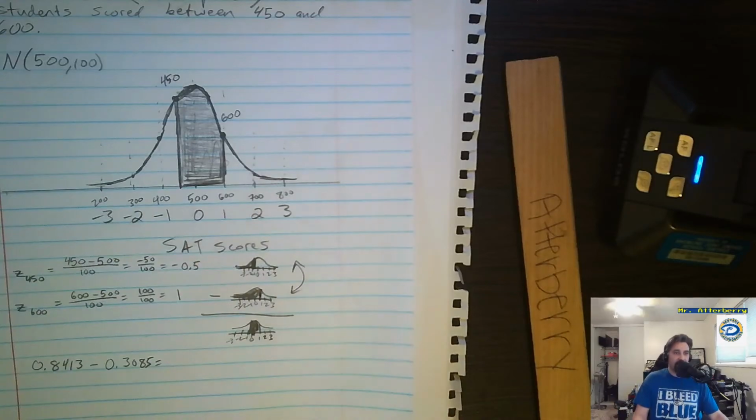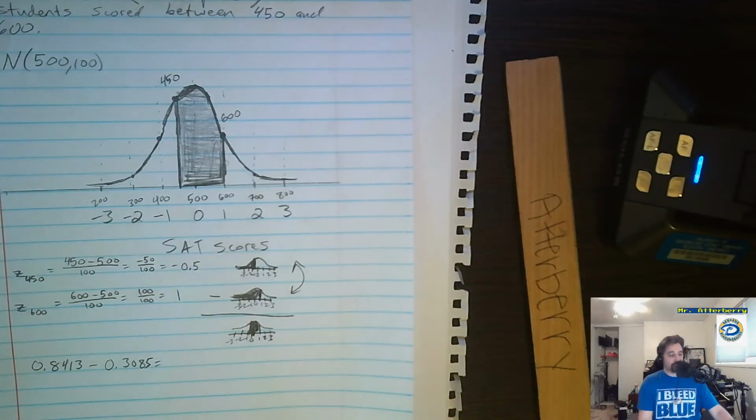When I do that operation on the calculator, 0.8413 minus 0.3085, what I get is 0.5328.